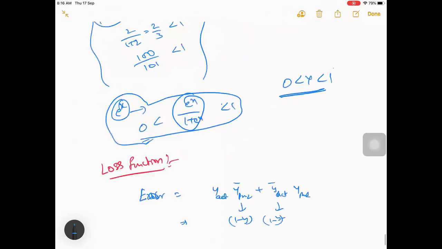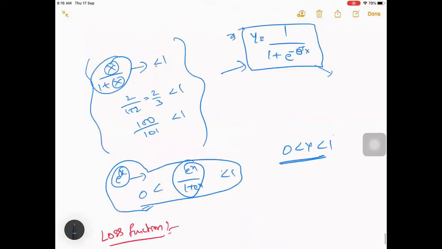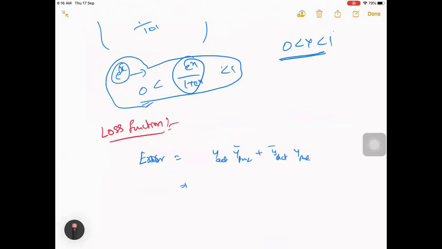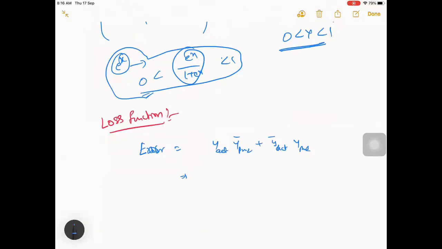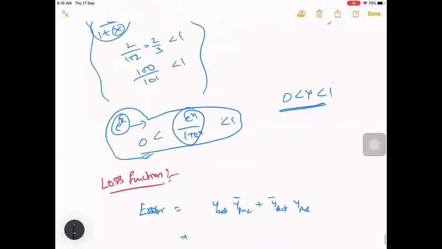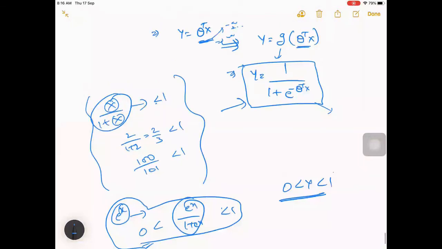Instead of bar, let's write it like this one. We are actually using e power something here.